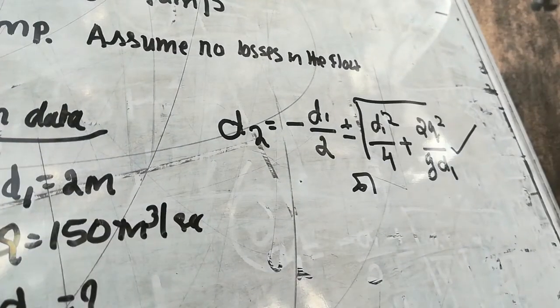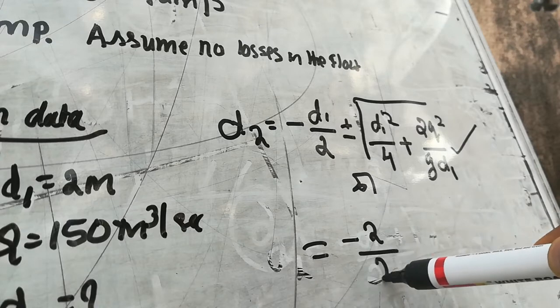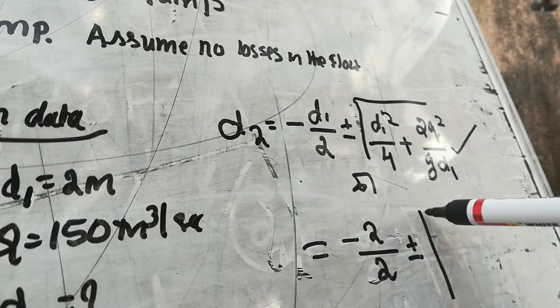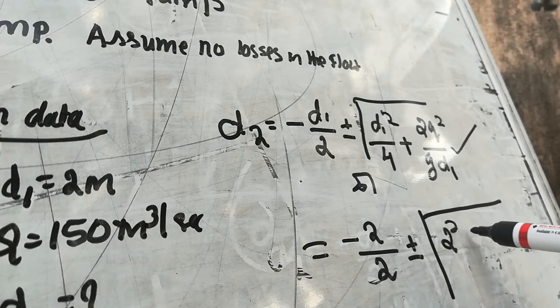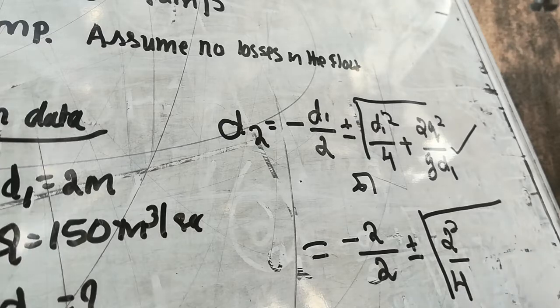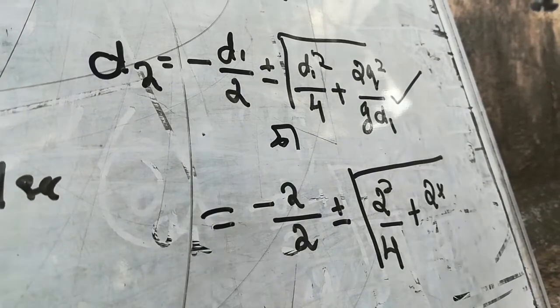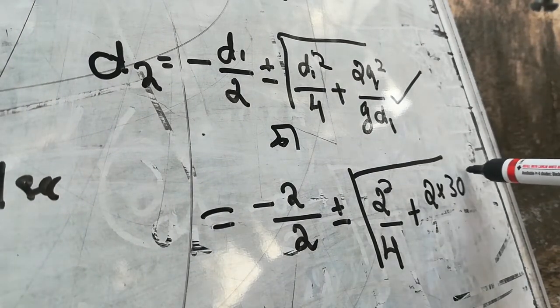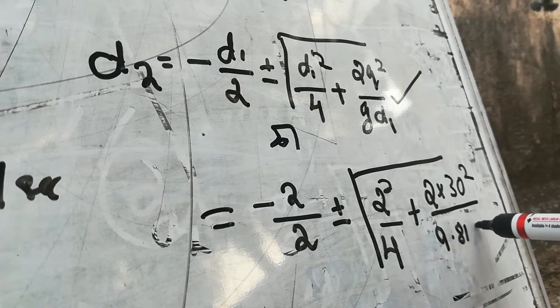First, d1 by 2. d1 is equal to minus 2 divided by 2 plus or minus the square root of d1 square by 4 plus 2 into q square, g is equal to 9.81 into d.